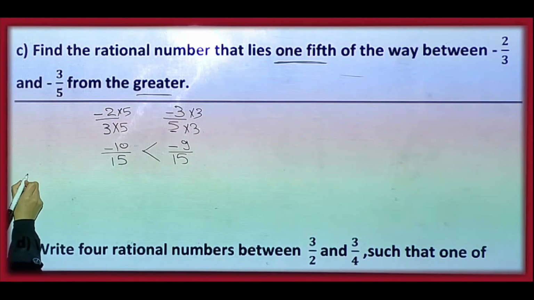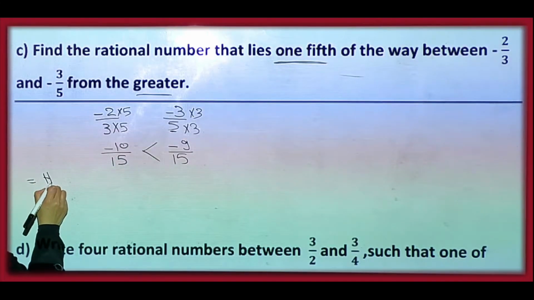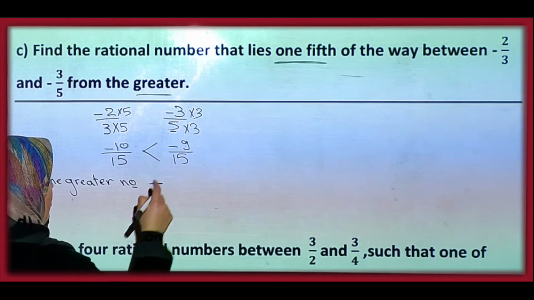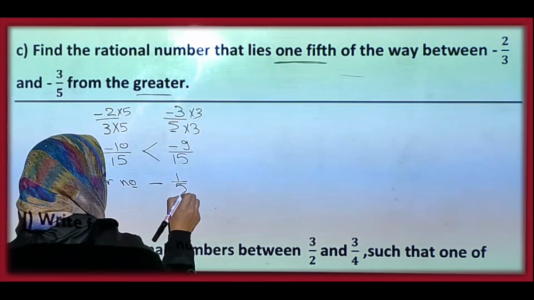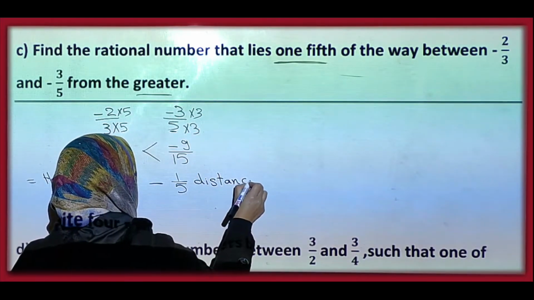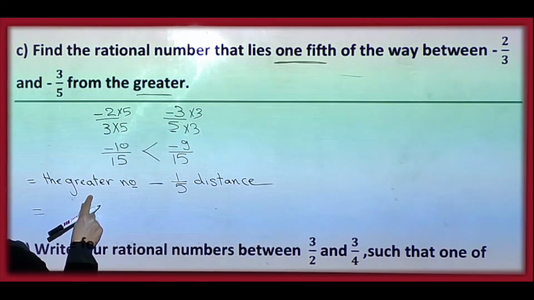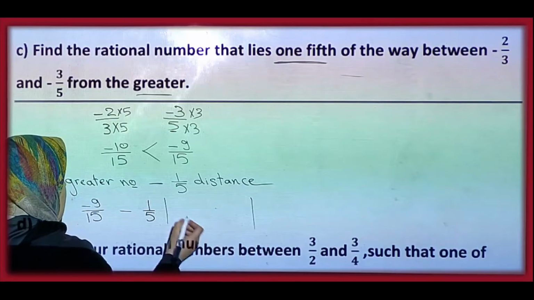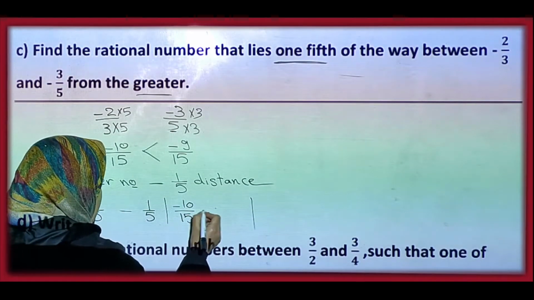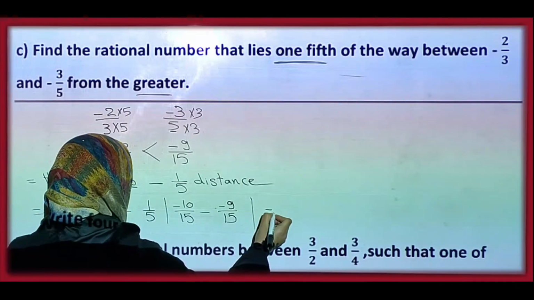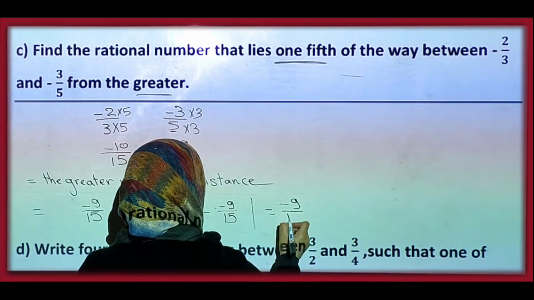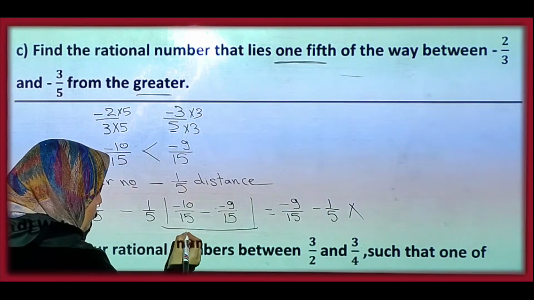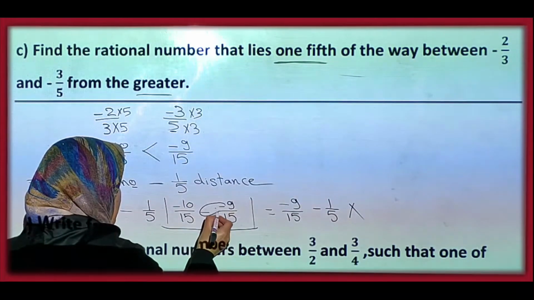To find the number at 1/5 from the greater equal the greater number minus 1 over 5, because 1/5, 1 over 5 the distance, equal the greater number is negative 9 over 15 minus 5, the distance between them negative 10 over 15 minus negative 9 over 15 equal negative 9 over 15 minus 5 multiply the distance equal minus negative converted into positive.